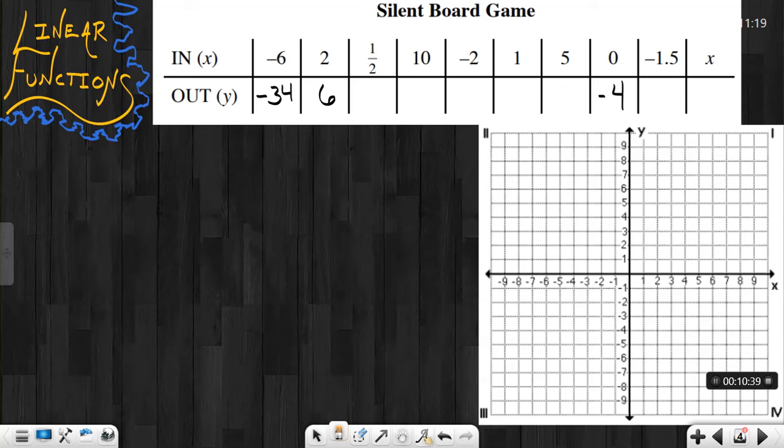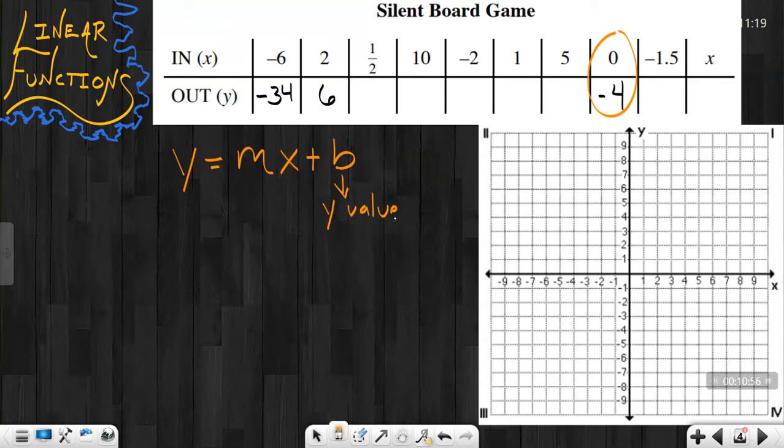The most important point to give you is this one right here. If they don't give it to you, try and find that one first, because if you know 0, you can find out what you are adding or subtracting in a rule. Because remember, y equals mx plus b. b is going to be the y value when x equals 0.